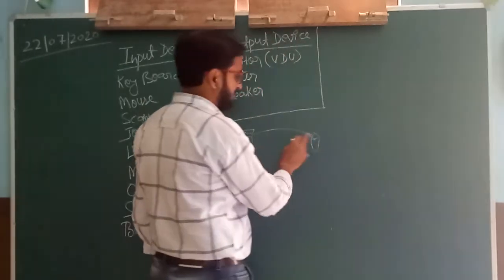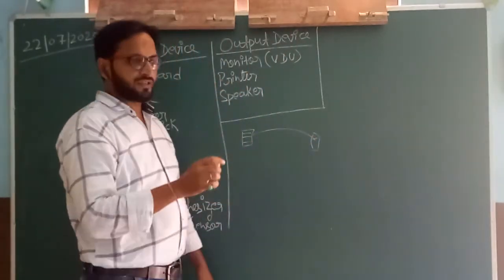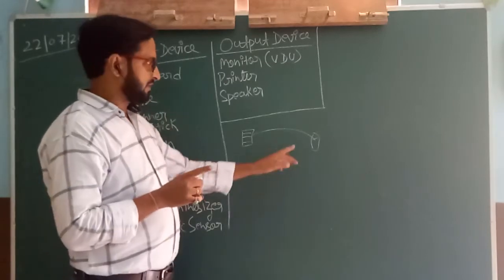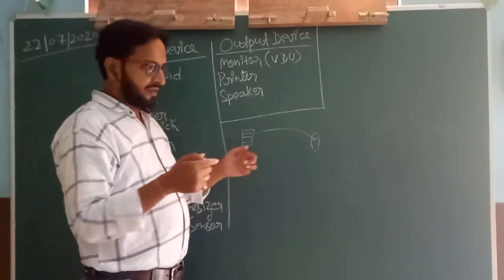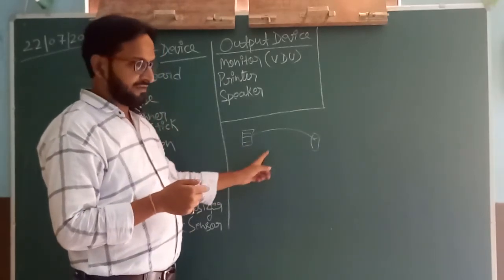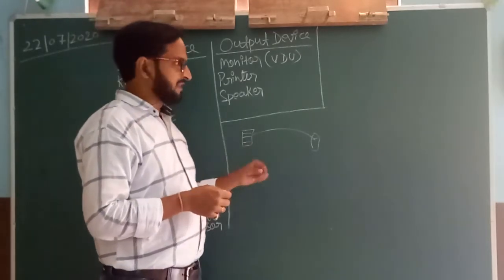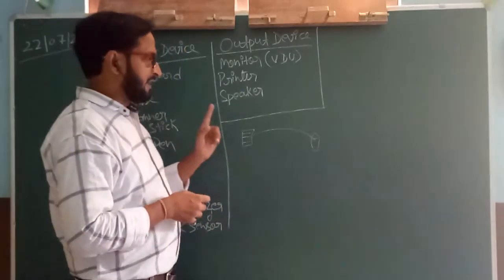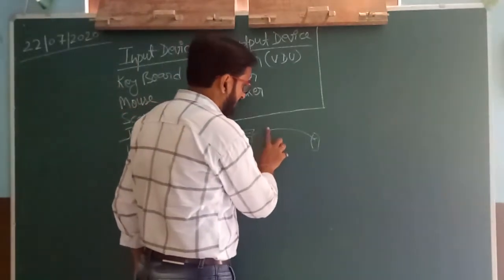In the scroll mouse, normal mouse, and optical mouse, we have to create a connection, like a wire that should be plugged in here. But in the wireless mouse there is no need for this.